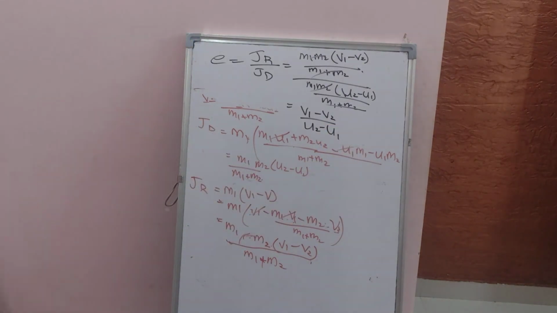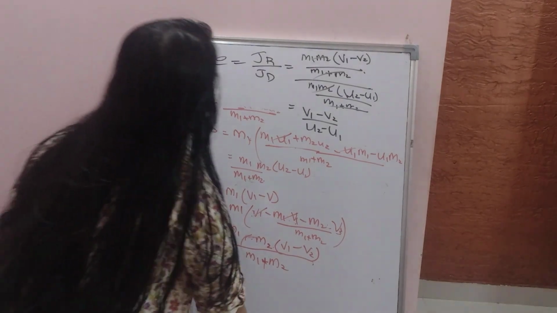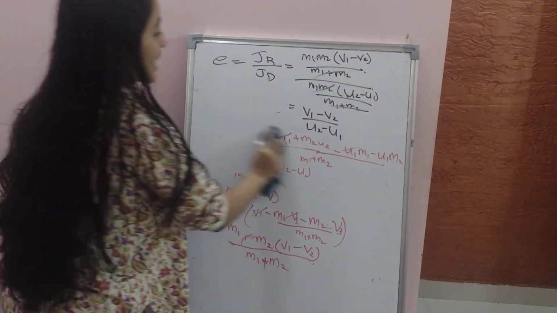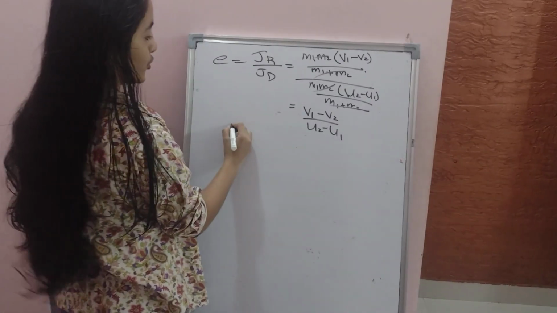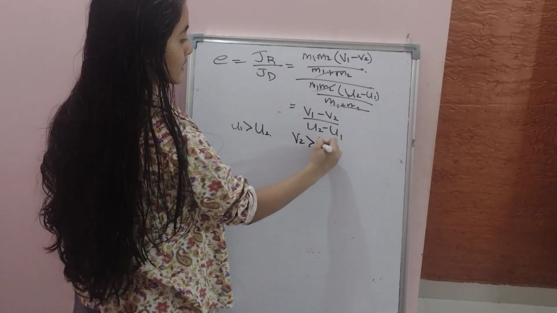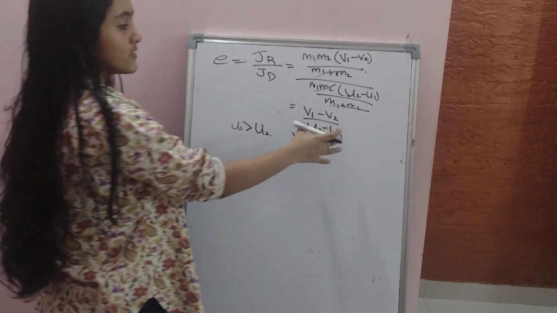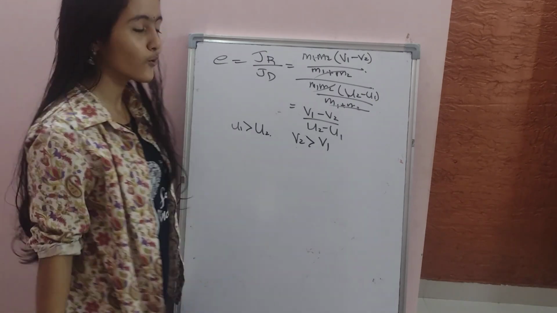Right. Earlier we had said that U1 is greater than U2. Also V2 is greater than V1. So this equation does not have a nice look, right?